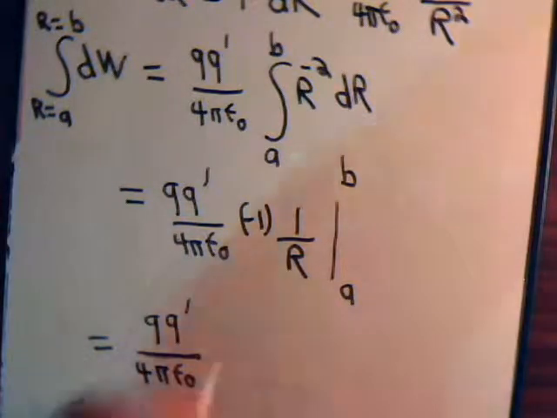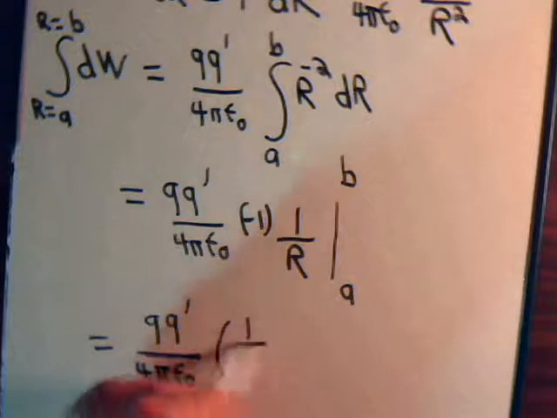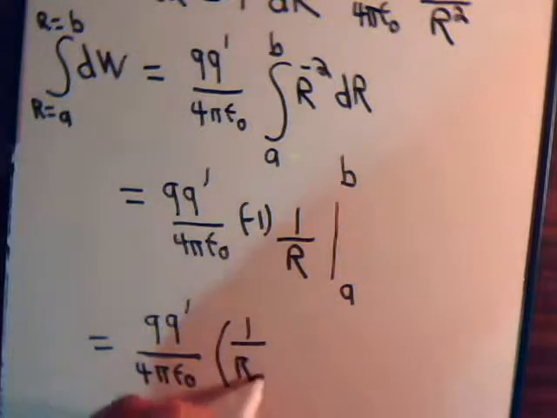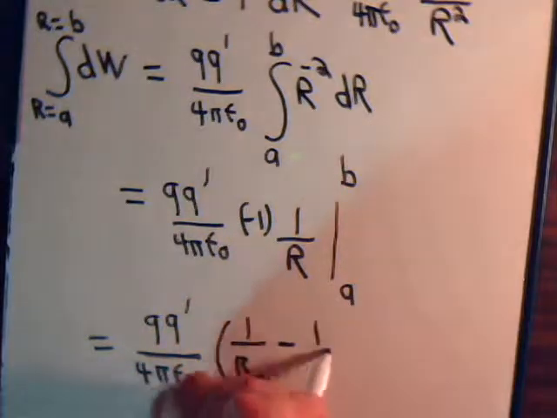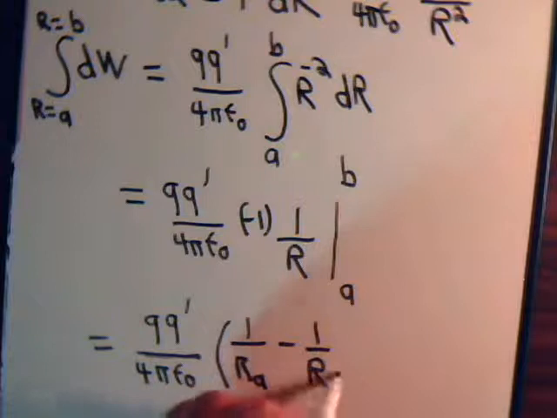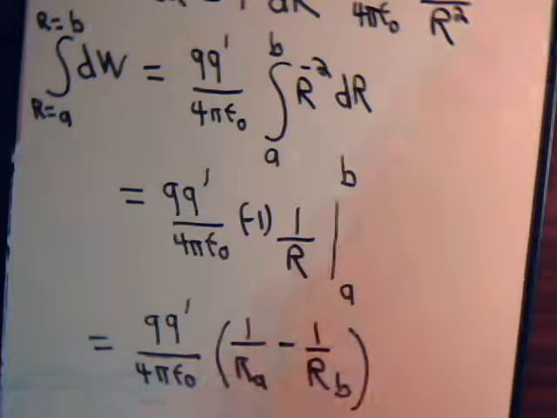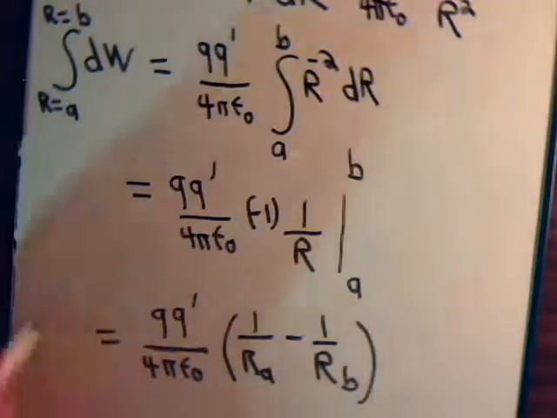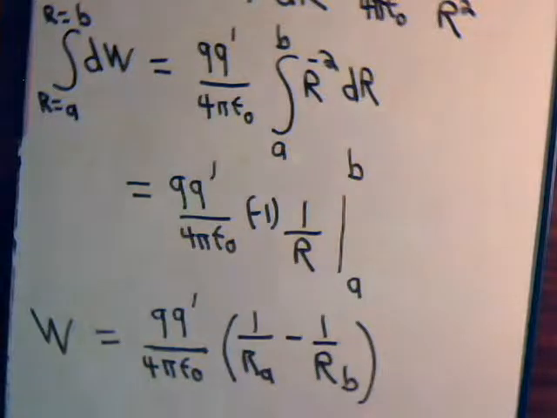We have a minus sign here, so that will be 1 over r_a minus 1 over r_b. And that's the total amount of work.